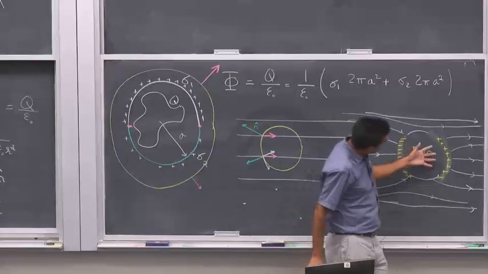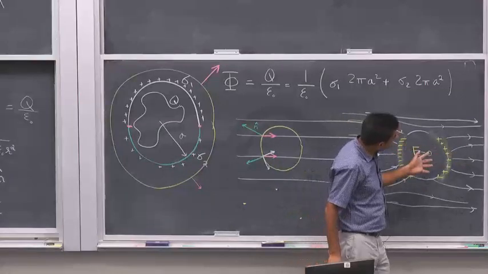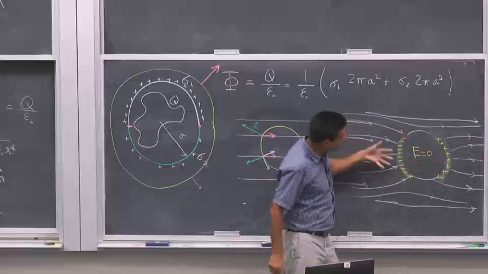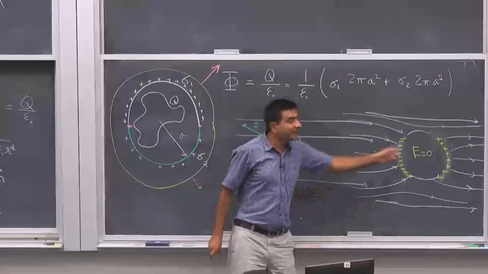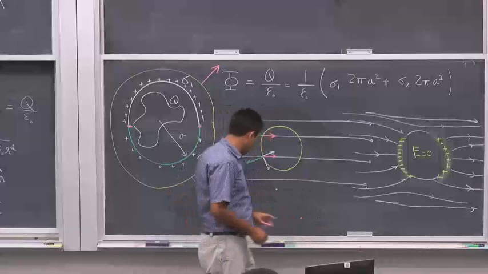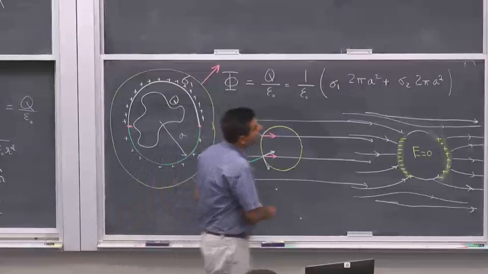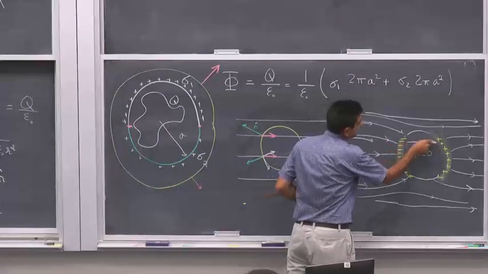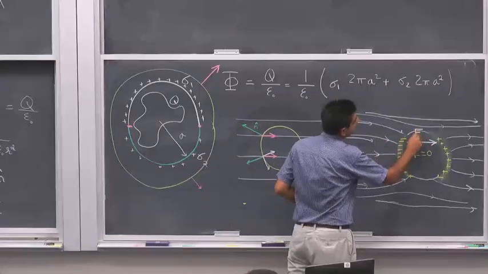Because electric field lines emanate or come out of positive charges and they sink into negative charges. So why is the net electric field inside zero? The net electric field inside is zero because the externally imposed electric field is pointing in this direction. This is the externally applied field, E ext.